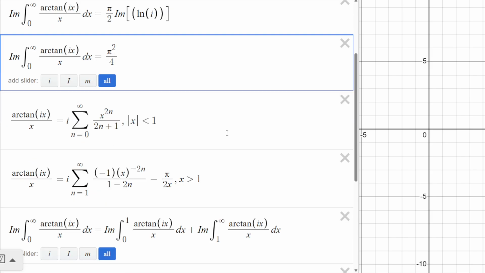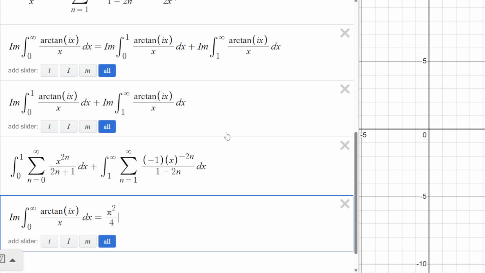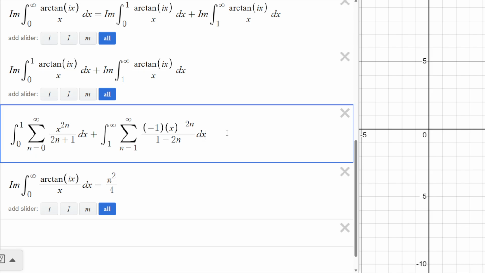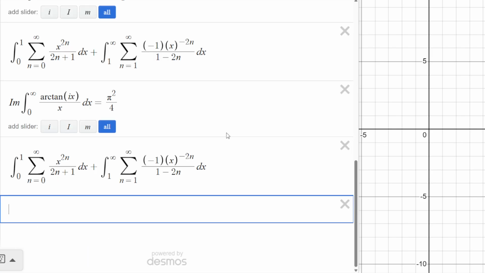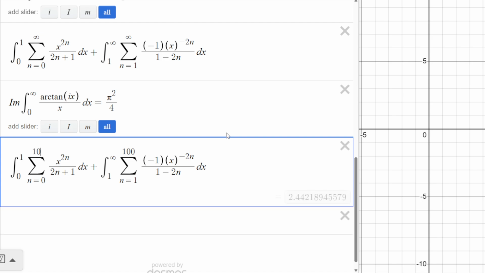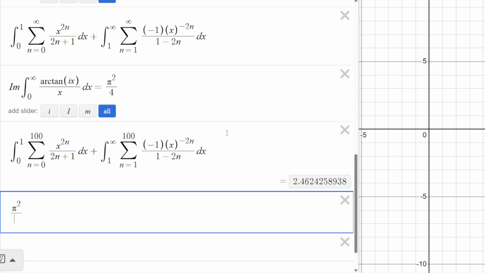So originally we were saying that this is true, right? We actually already showed it. So let's actually see if this is equal to pi squared over 4. So I'm going to plug in some. We'll just go to 100, and then type in pi squared over 4.